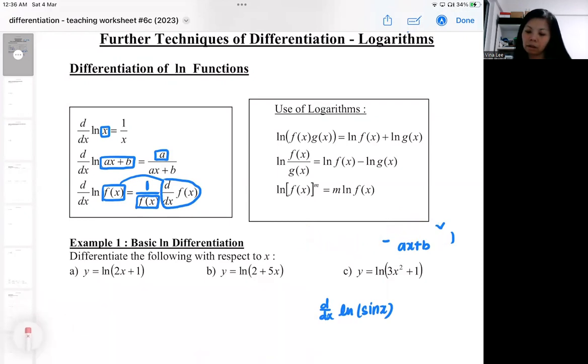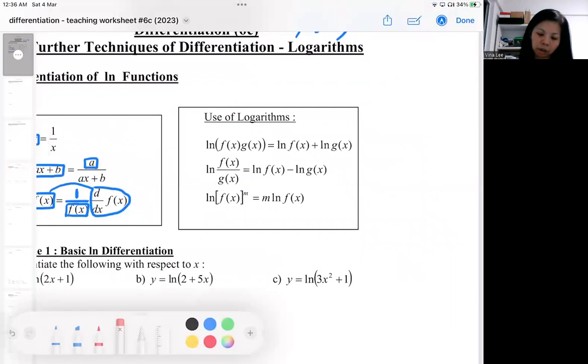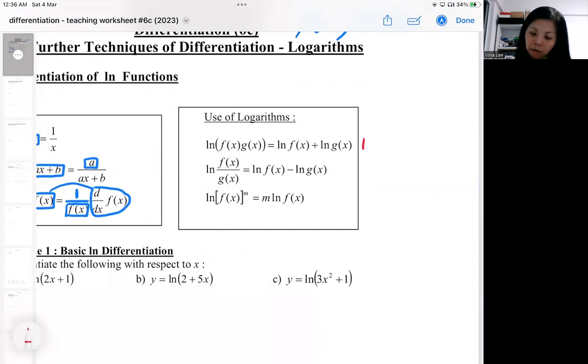Okay, and then the log rules that we will be using are usually these. Log of AB. Do you remember this part? If it's a log of a product, it will become log plus log. So that is the first rule.